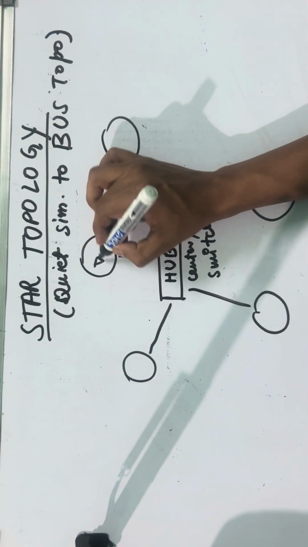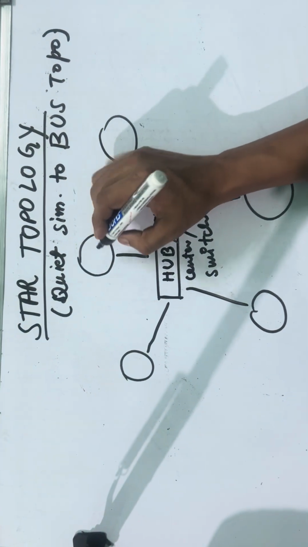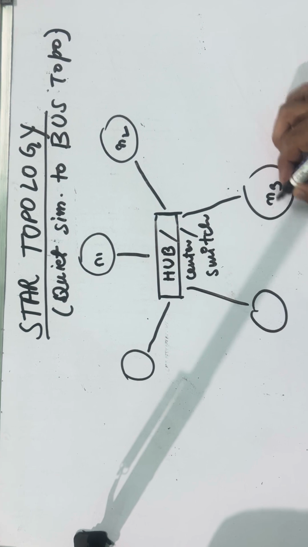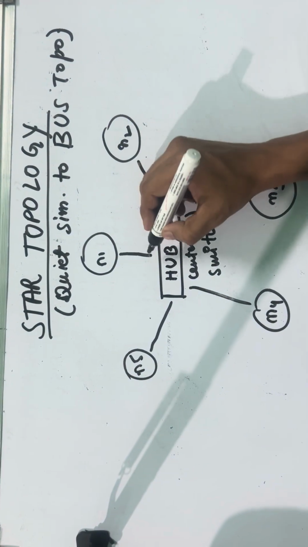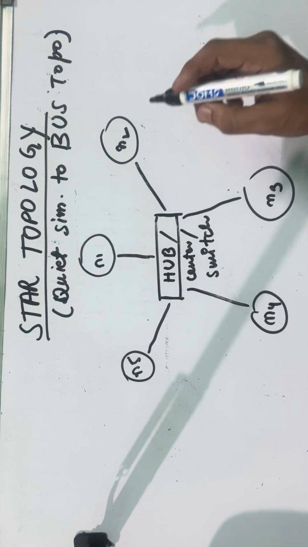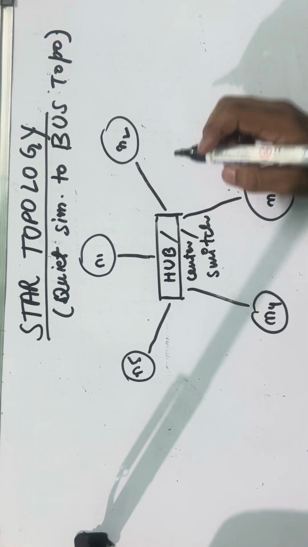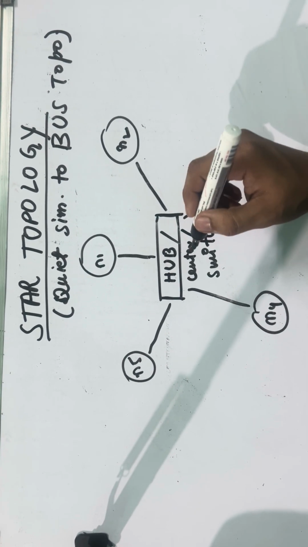Let's say D1. Instead of calling them devices, let's call them nodes again: 1, 2, 3, 4, and 5. So in this topology, let's say n number of devices will be connected to a central hub.